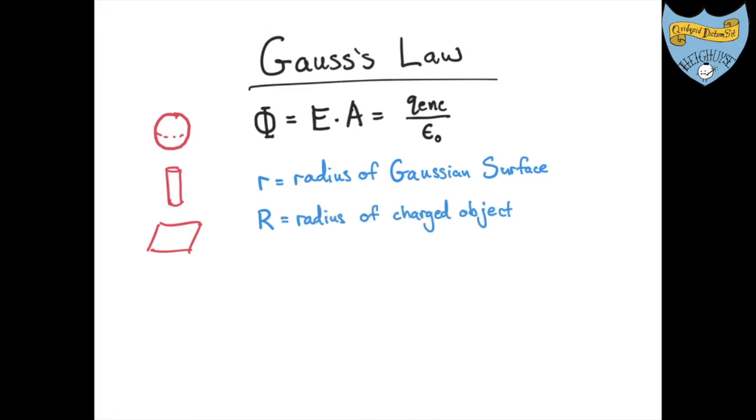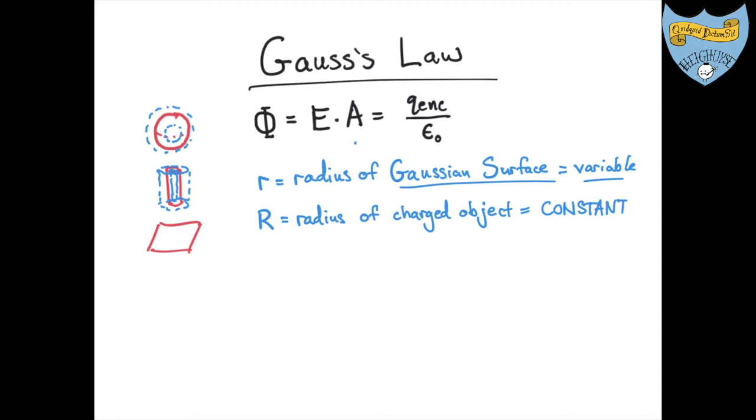Since the Gaussian surface is imaginary, and therefore any size you want, whenever you see little r, that means that it is a variable. Big R, on the other hand, is the radius of the charged object itself. That is a constant, because the object, of course, has a fixed size, whereas the Gaussian surface is limited only by your imagination. Okay, that's a little cheesy, but you get the point, or at least you should get the point. Little r is a variable. It refers to the Gaussian surface.